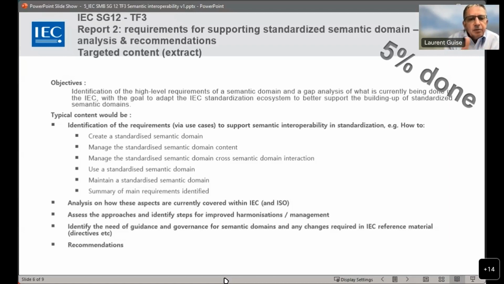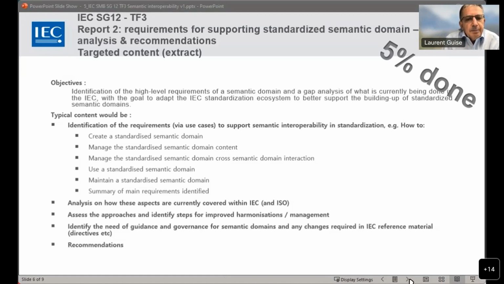So getting through these use cases, we expect to identify the main requirements from a standardization body perspective. And this will lead to a set of recommendations to the management board of IEC to improve today's situation and facilitate the building up, the spreading, the distribution of standardized semantic domain.